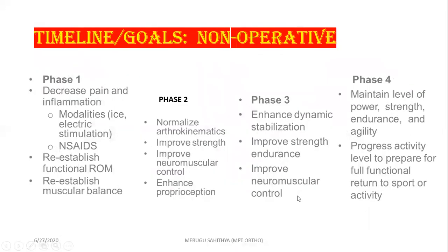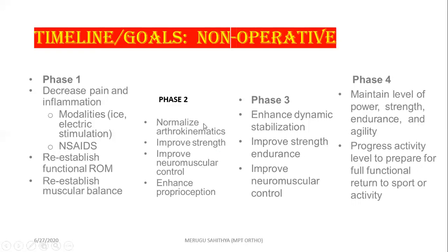And the timeline or goals for non-operative patients. Phase 1 includes decreased pain and inflammation. Modalities like ice and electrical stimulation should be applied, NSAIDs should be given, functional ROM should be re-established, and muscular balance should be maintained.